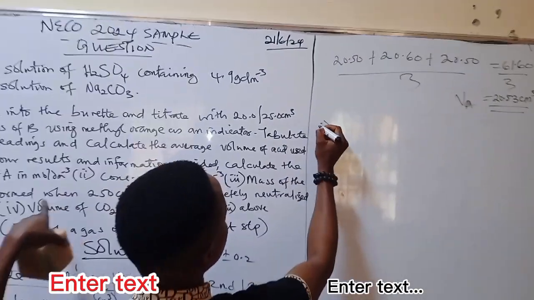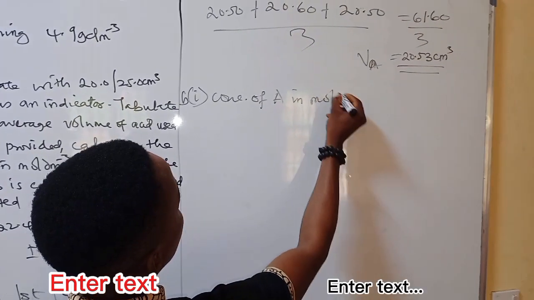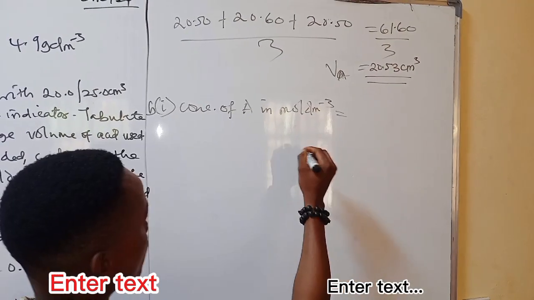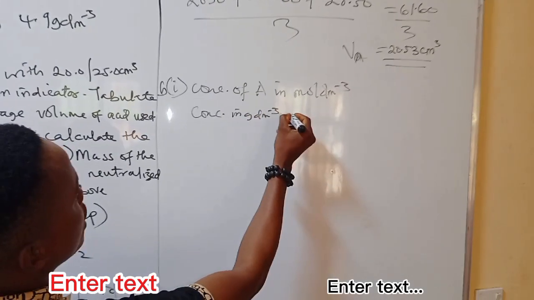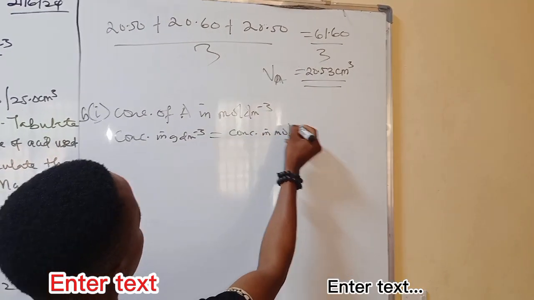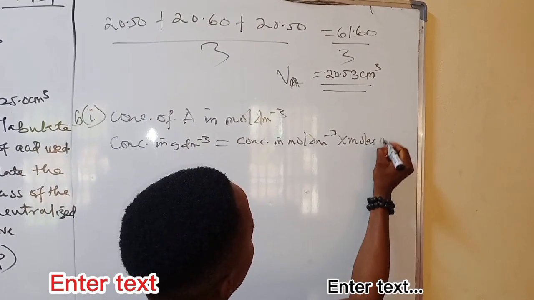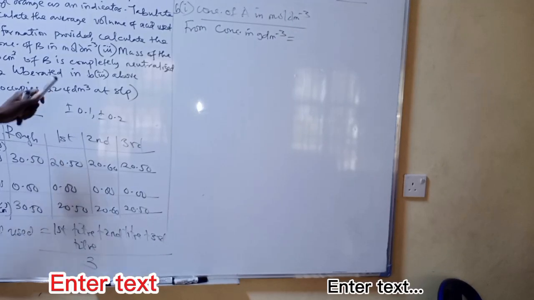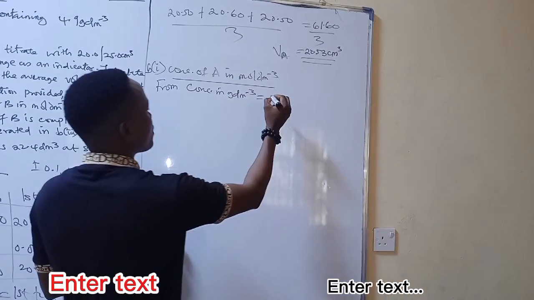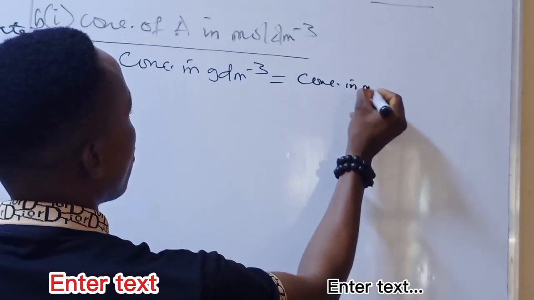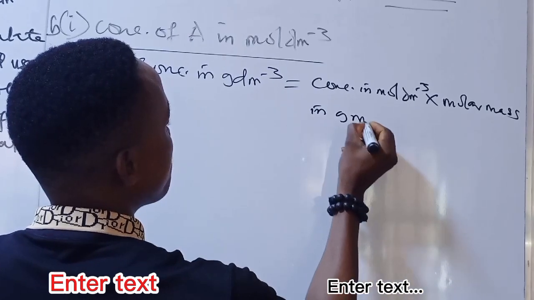The concentration in grams per dm cube is equal to concentration in mole per dm cube times molar mass in grams per mole.